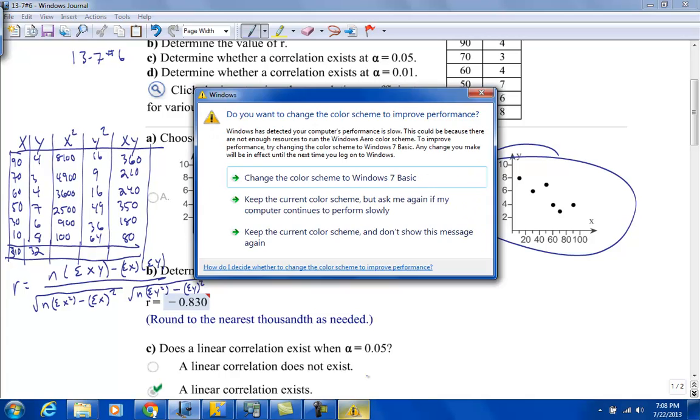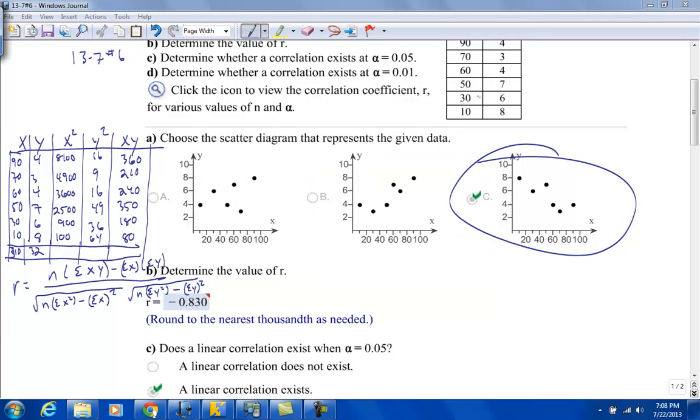We have 8100 plus 4900 plus 3600 plus 2500 plus 900 plus 100. That's 20,100.